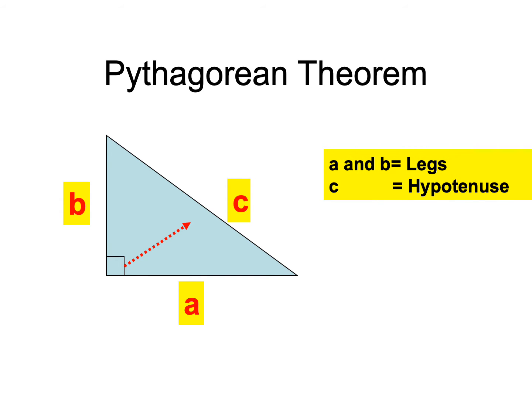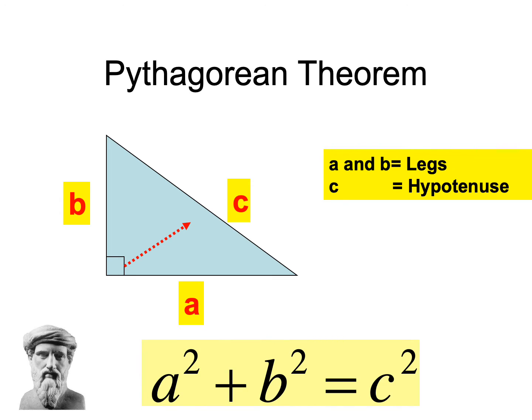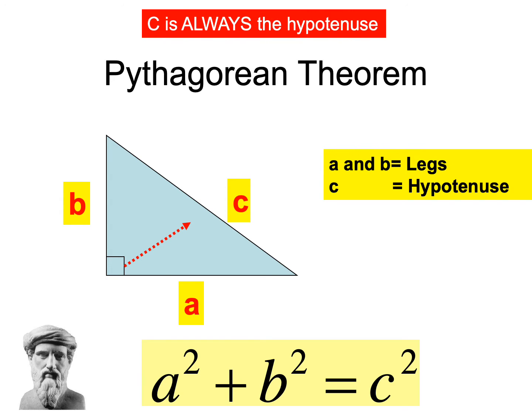Okay, and we call it C. And what Pythagoras said is that the sum of the squares of the two legs is equal to the square of the hypotenuse. Okay, and you've already done a lot of work on this. All right. The one key note here is that the side that is opposite the right angle is always, always, always the hypotenuse, and it's C.